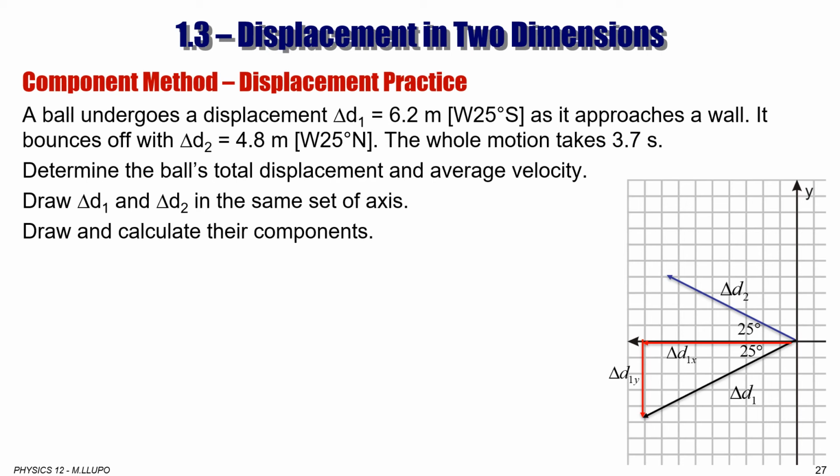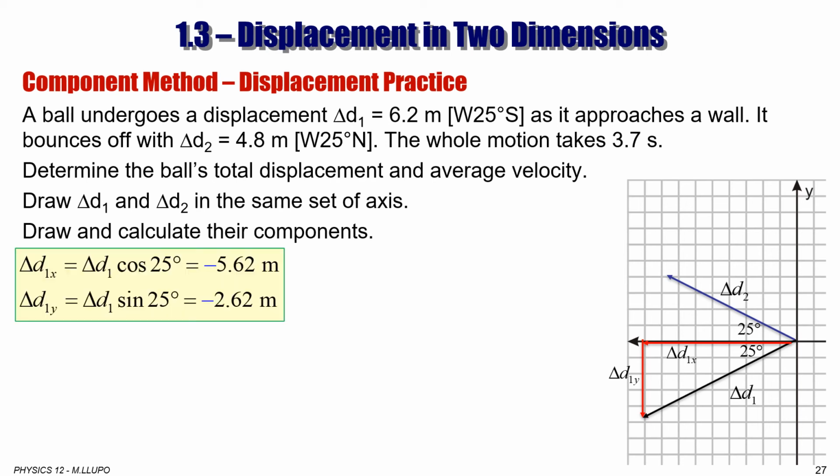Now, labeling is very important, because it is not the same whether you label ΔD1, ΔD1x or ΔD1y. It's very important. The x component is along the x-axis, obviously, and the y component is along the y-axis. Do the same thing for ΔD2.